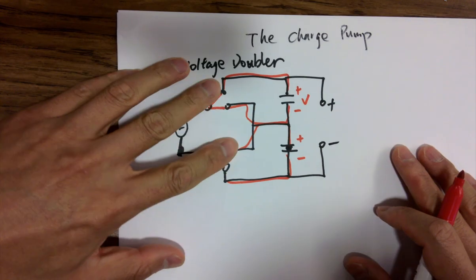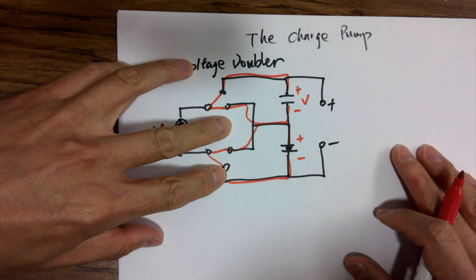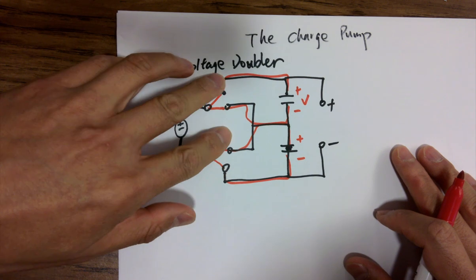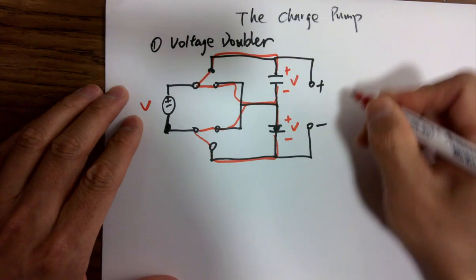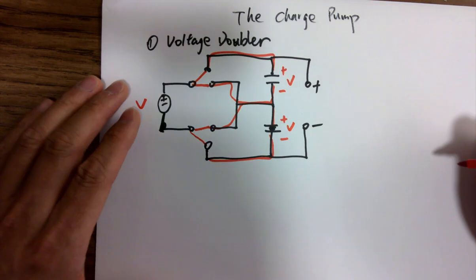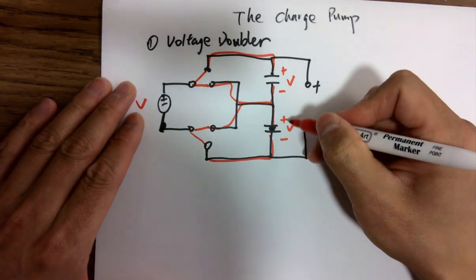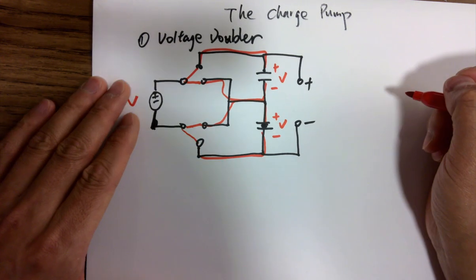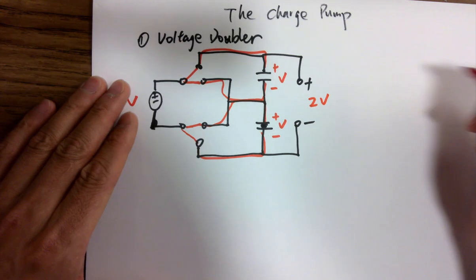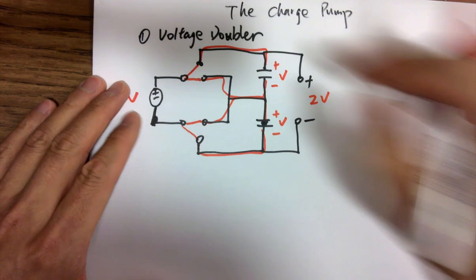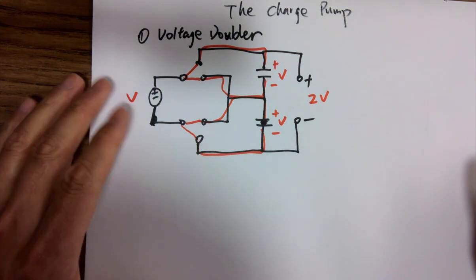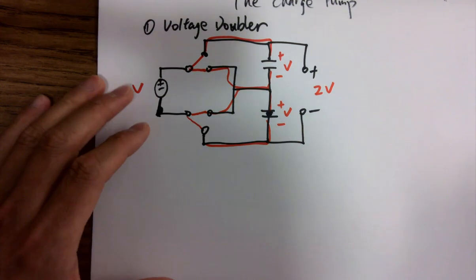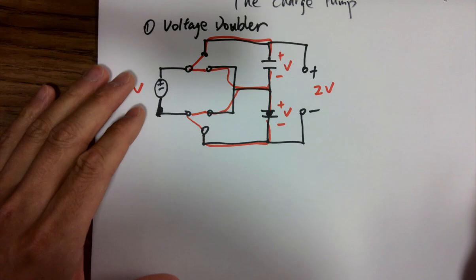So after those two events, what's the voltage at the output? It's going to be like two batteries, anode to cathode, right? What's the voltage of it? 2V, right? So you got the voltage doubled. See? It's doubled. Just a very similar concept.